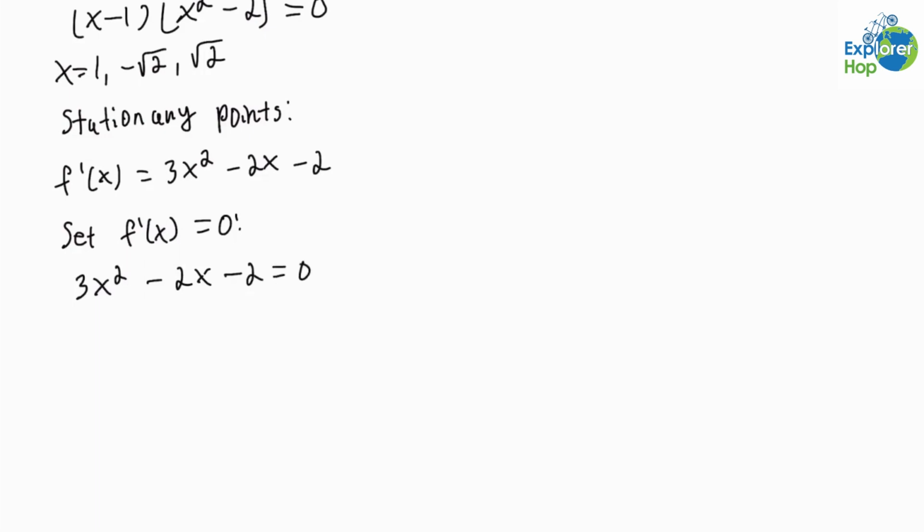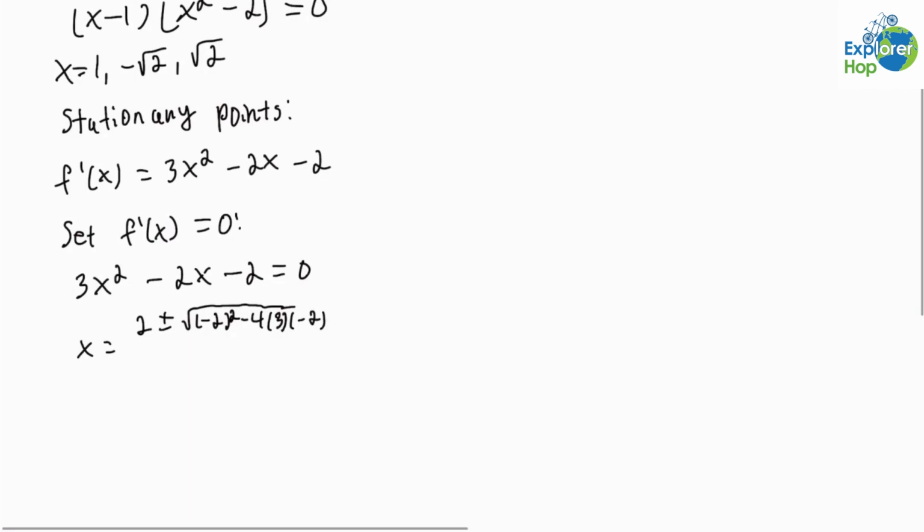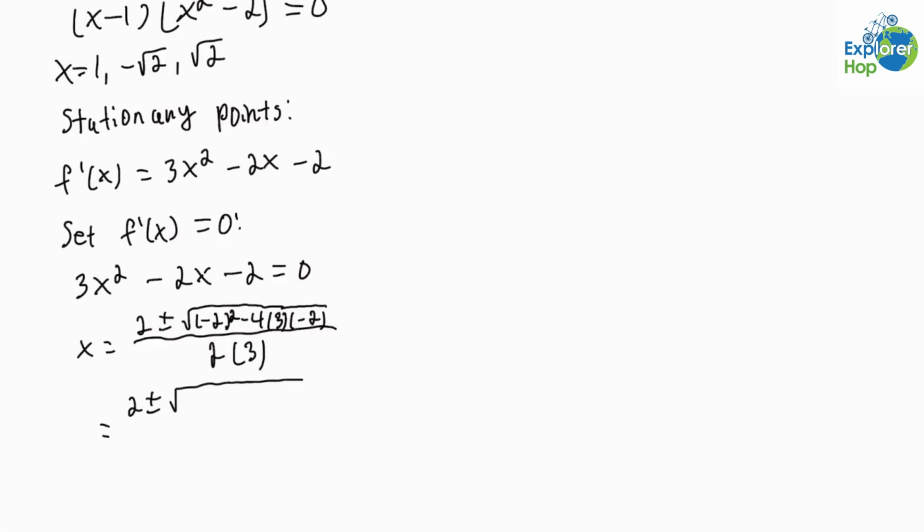And this quadratic polynomial is not factorable, so we will use the quadratic formula, which means that x is equal to 2 plus or minus the square root of negative 2 squared minus 4 times 3 times negative 2, all over 2 times 3, which is equal to 2 plus or minus the square root of 4 plus 24 all over 6.